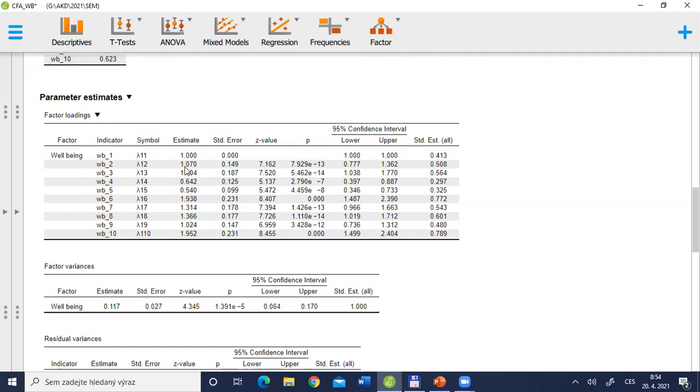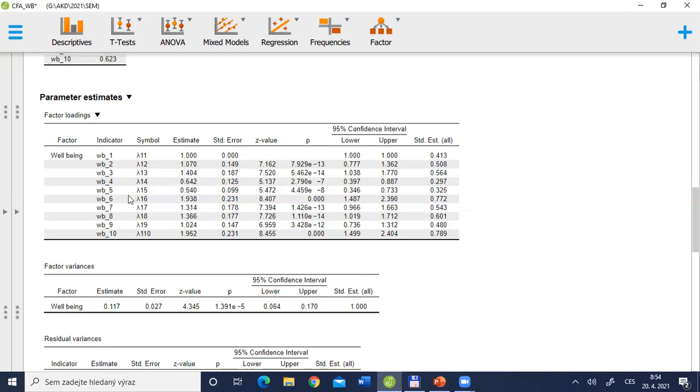For example, you can see 1.070, so it means that the second item, WB2, is related to well-being in nearly the same way as the first item. The third item is slightly more related to well-being, with a lambda 1.4 times higher.